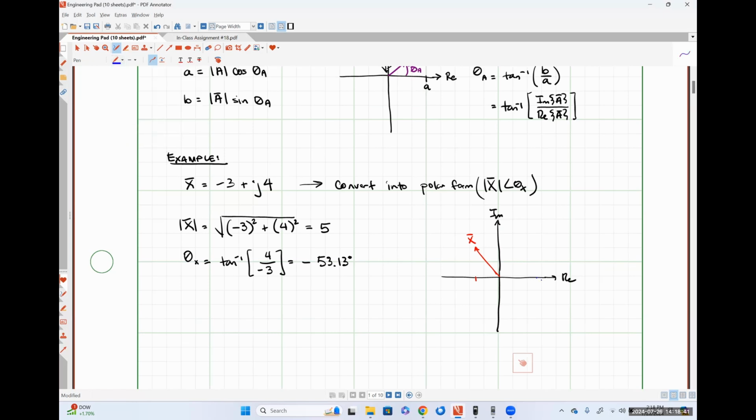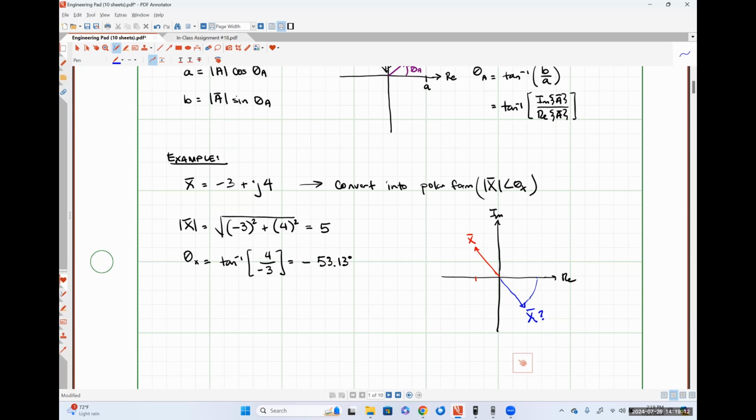So that would be something like this, and then swing down until I hit an angle of -53.13 degrees, which would be, let's see, so here would be 45, so somewhere in the ballpark of here. So this is the x that I'm getting from my polar or exponential coordinates.